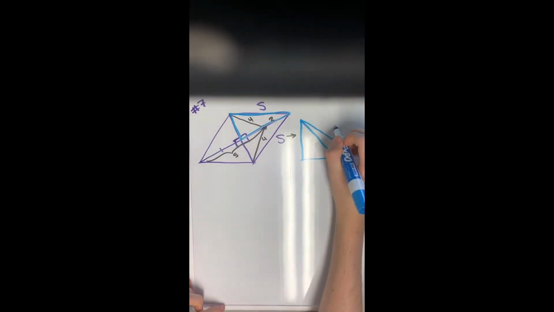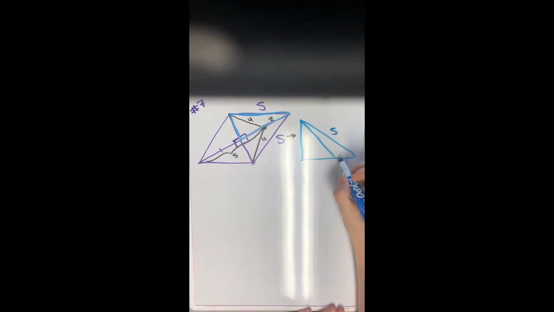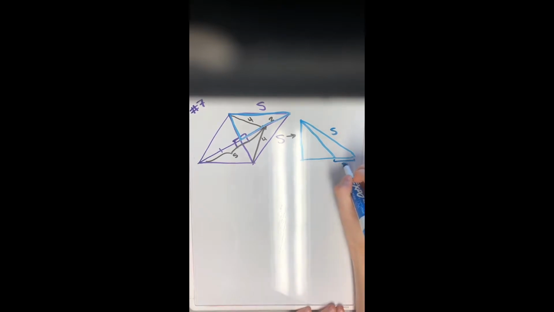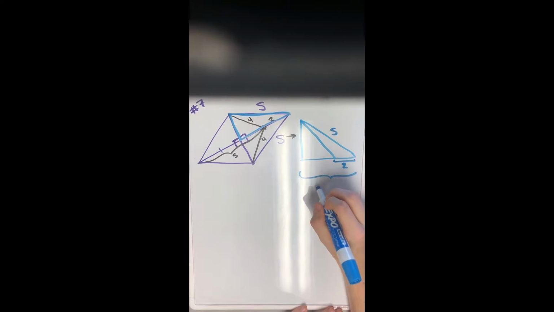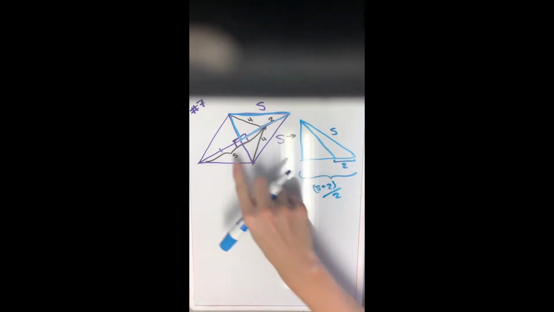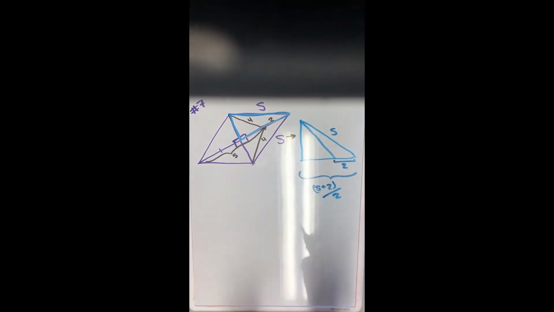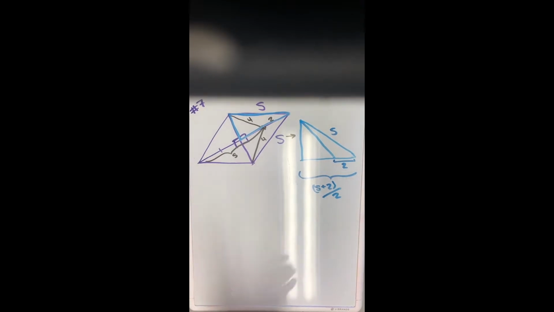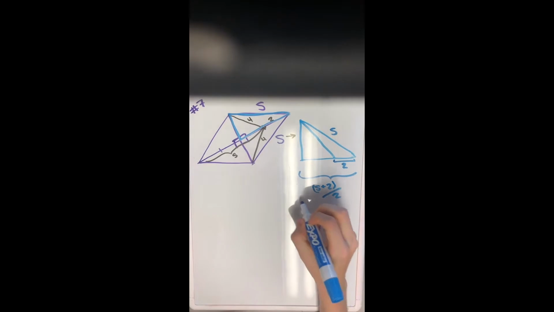So we know that the hypotenuse right here is of length s, and we know that this portion is 2, and the entire portion is s plus 2 divided by 2, because this part is s and this part is 2, so the total is s plus 2, and we need exactly half of it because these portions are bisected by the other diagonal, so they are congruent.